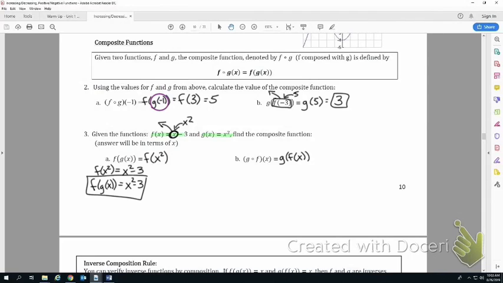X minus 3. So if it's easier to read it as this, I'm going to do g of x minus 3. So g of x, I've got that x right there. I'm going to take it out and put x minus 3 in for x right there.